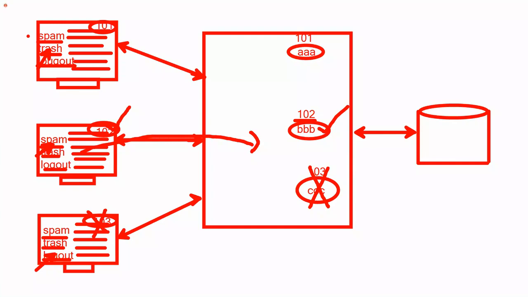From the time you click on login until you click on logout, that time period is called one session. During that time period, your username and password are stored. That is called the session tracking mechanism. So that is your learning: whenever you click on login until you click on logout, some data is maintained. That is the session tracking mechanism concept.